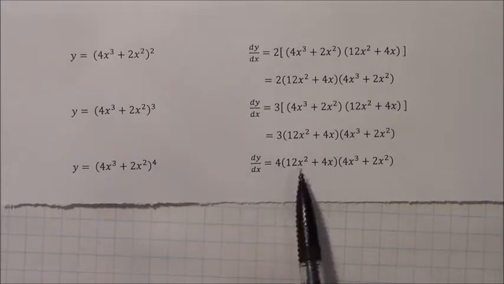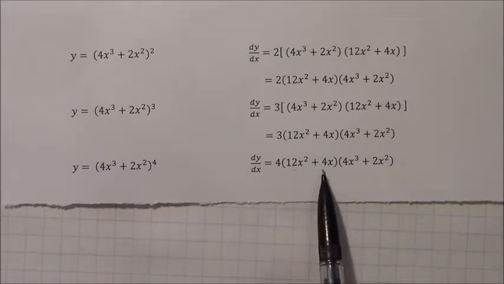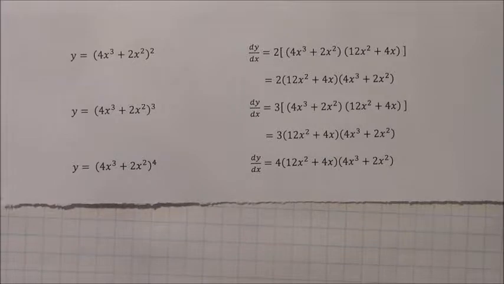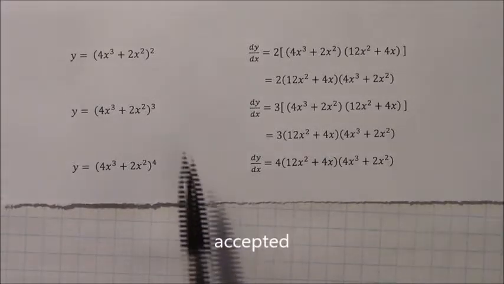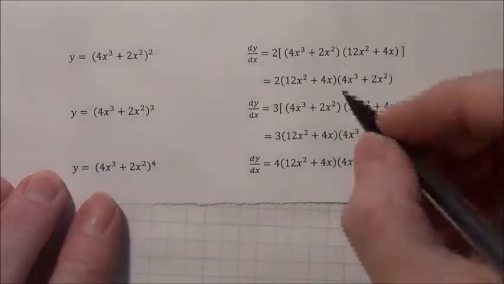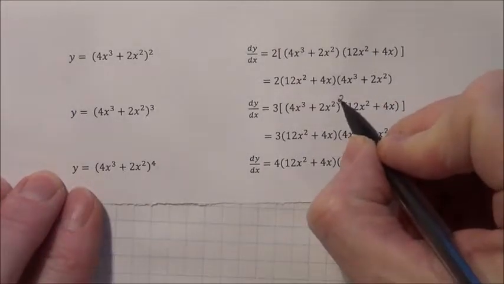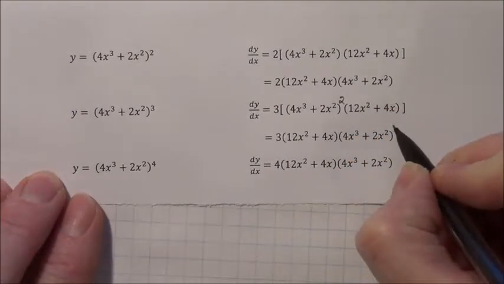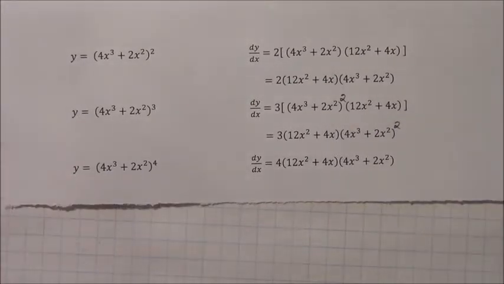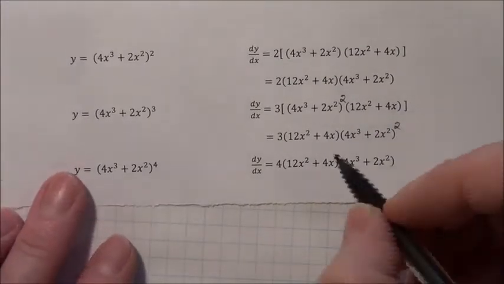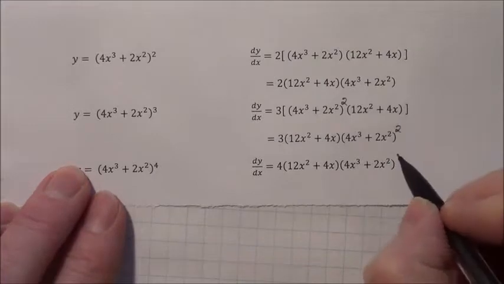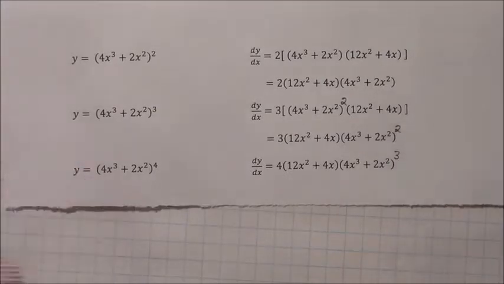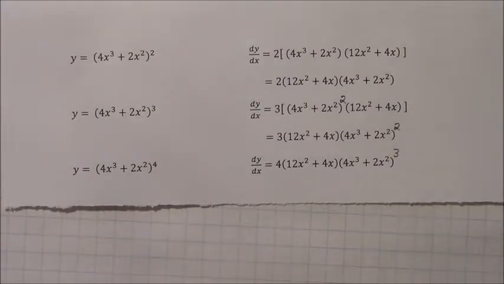The derivative is 4, (12x^2 + 4x). You know what? I have forgotten something here. I apologize profusely. For this function here, there should be a squared here, and henceforth here. I'm sorry about that. And just like here, there should be a cubed here. Okay, that might make things a little bit easier now for you.